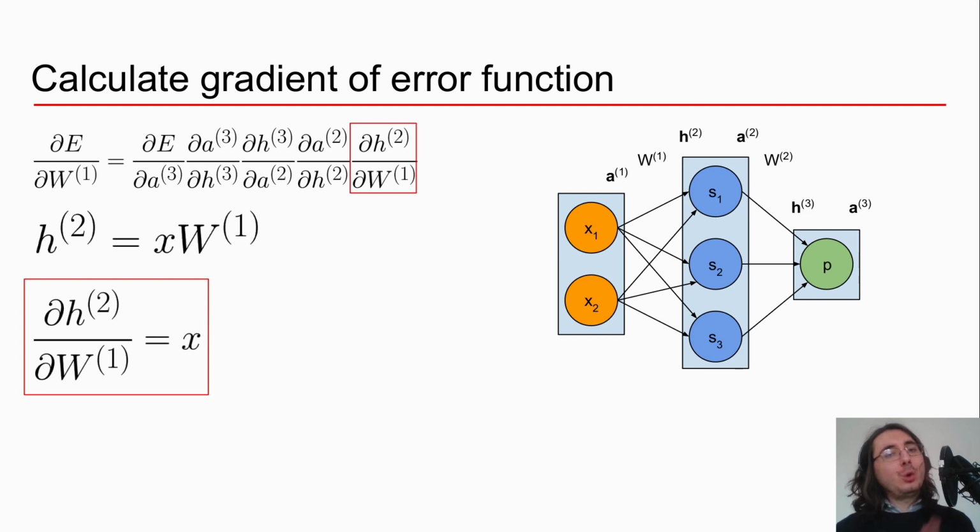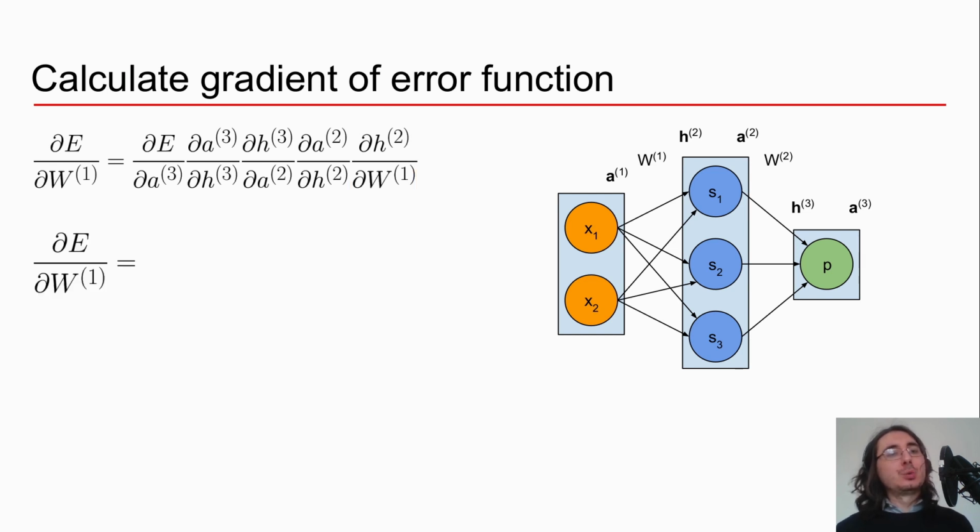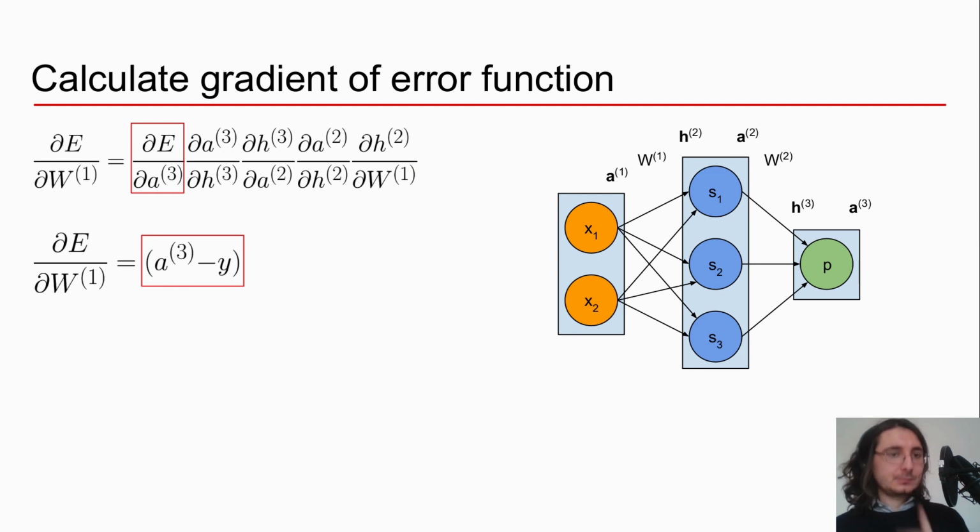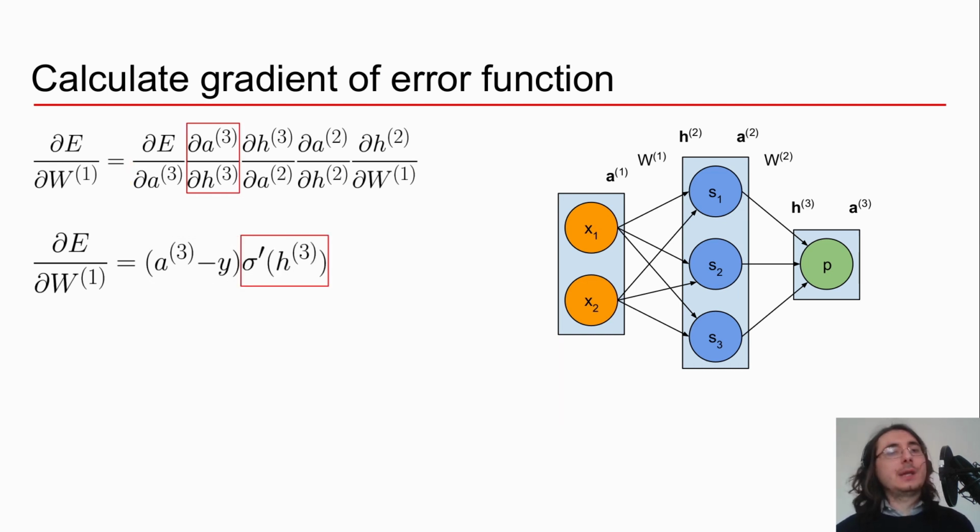Cool. We have all the 5 elements to rewrite the derivative of E over W1. So let's rewrite that. The first element, the derivative of E over A3, can be rewritten as A3 minus Y. Then the second element, the derivative of A3 over H3, is the first derivative of the sigmoid function calculated in H3.